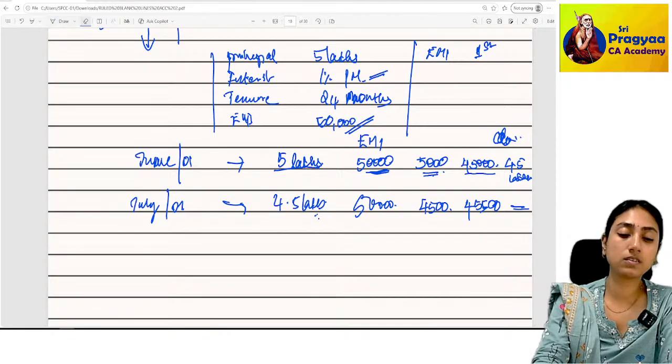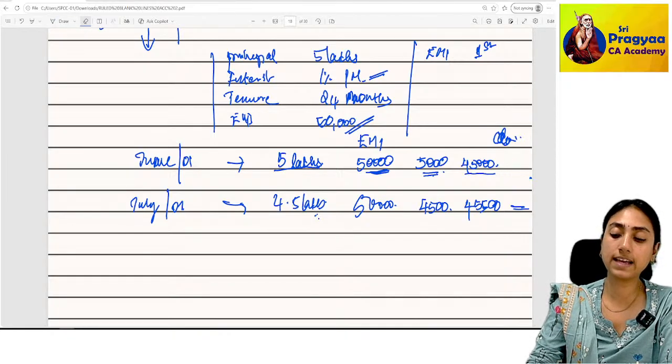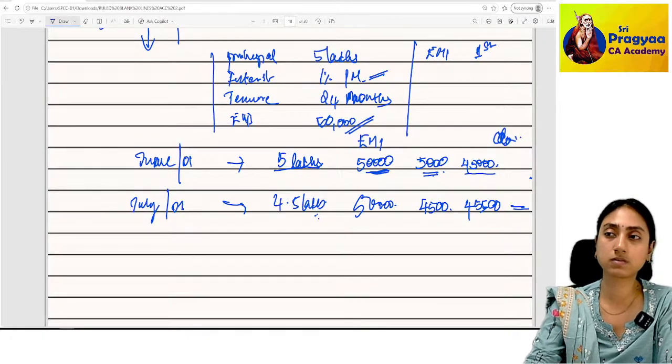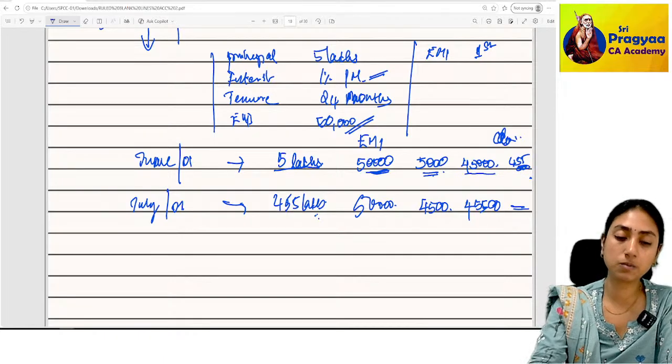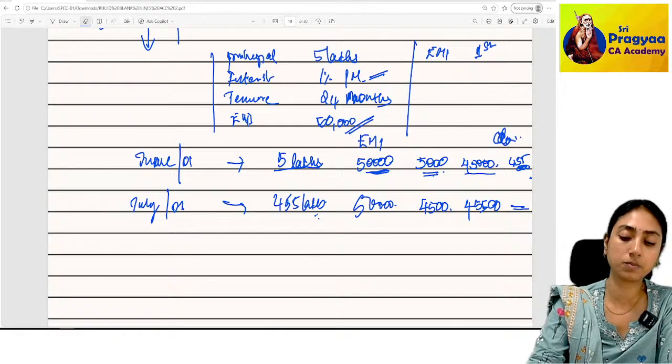Actually, sorry, it will be 5 lakh minus 45,000. What is 5 lakh minus 45,000? 4,55,000. Here again I have to calculate on 4,55,000.